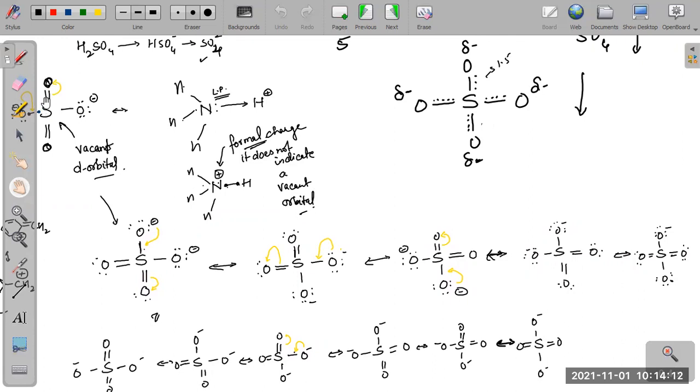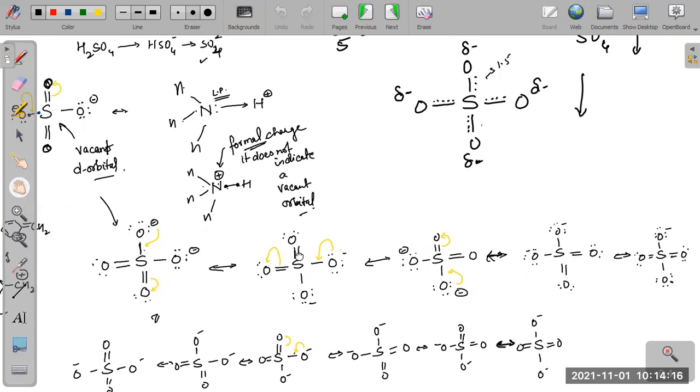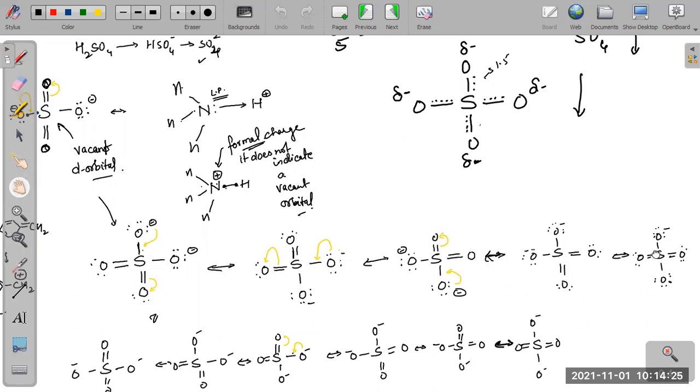Okay, so turn by turn the double bonds will keep shifting, and in any pair of sulfur oxygen atom there are going to be 2 plus 1 plus 2, 5 plus 2, 7 plus 1 plus 1, that is 9. Total 9 bonds, and there are 6 structures. Therefore, the bond order is going to be approximately 1.5.